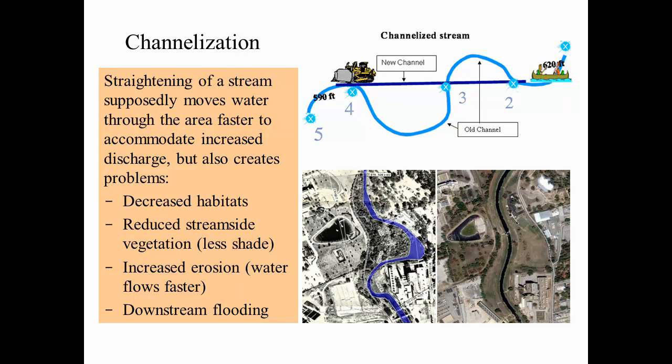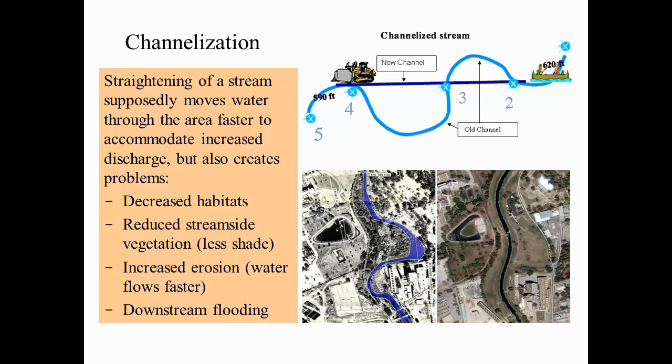Now, channelization involves the straightening of a channel, which supposedly moves water through the area faster to accommodate increased discharge. Unfortunately, straightening of the channel also creates problems. For example, decreased habitats and a reduction in streamside vegetation.